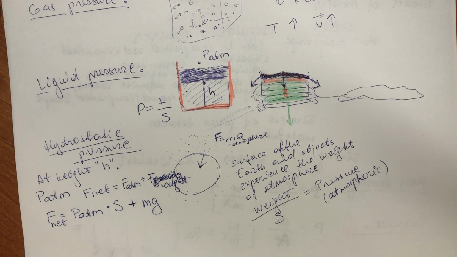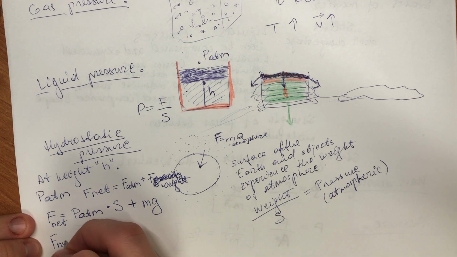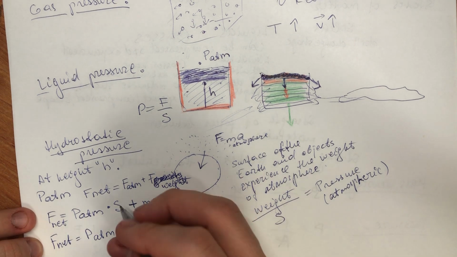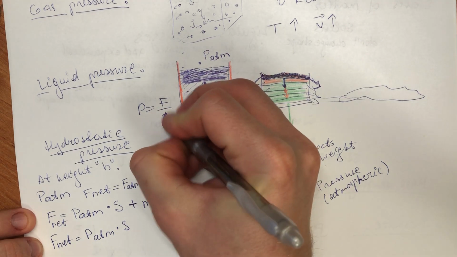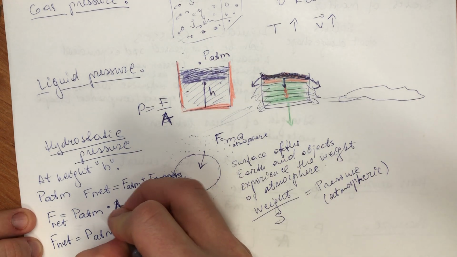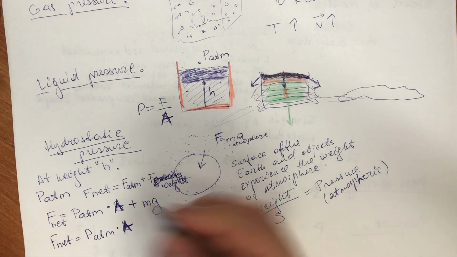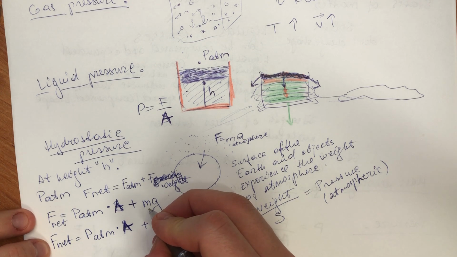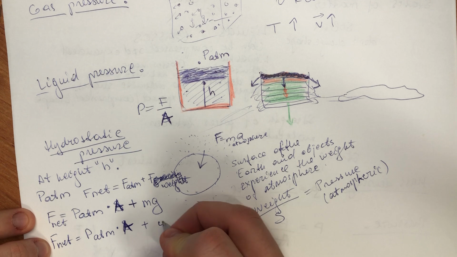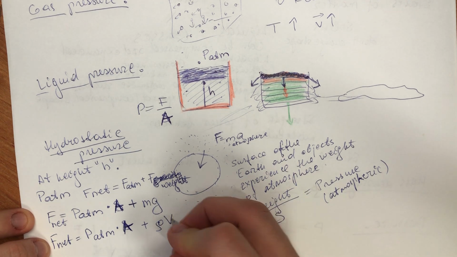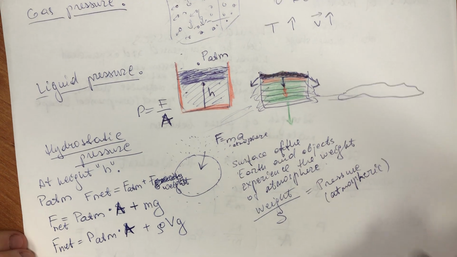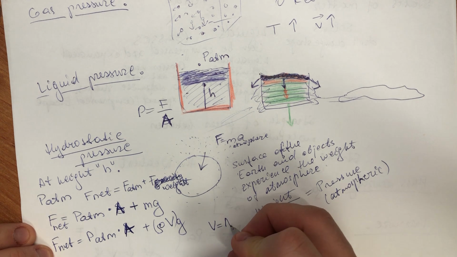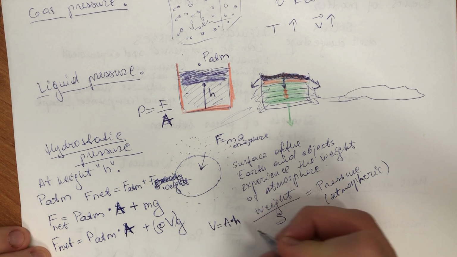So we can express this F net as P atmospheric times surface area, better to write capital A. Now we can write that mass is density times volume, times g. Volume is surface area times the height.